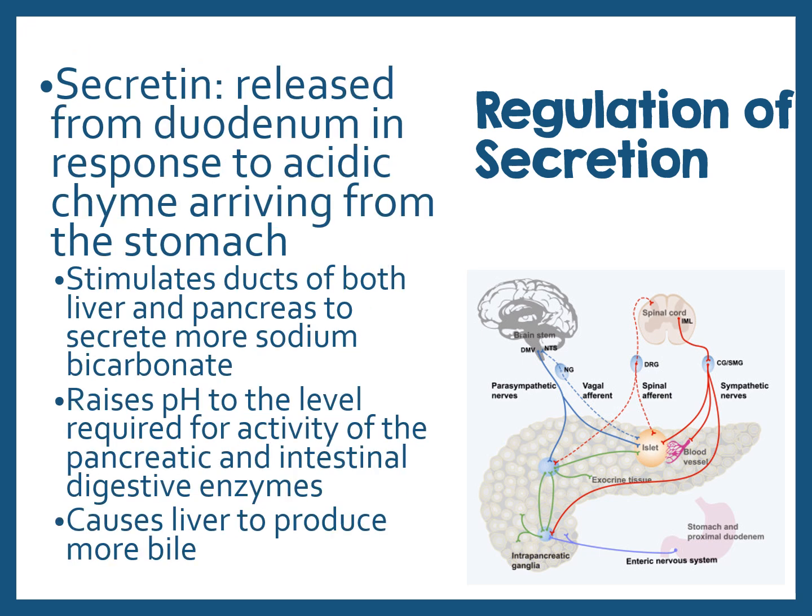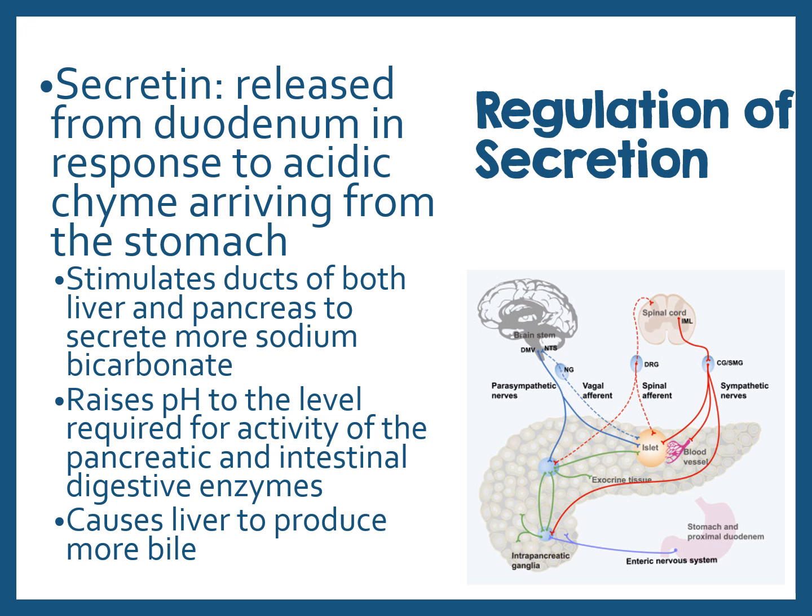The third regulation of secretion is called secretin. And this hormone comes from the cells within the duodenum of the small intestines. So once that acidic chyme arrives there, these cells are going to say, whoa, we've got to neutralize that. So secretin is going to be released, and that will stimulate the pancreas to start to release some more sodium bicarbonate.